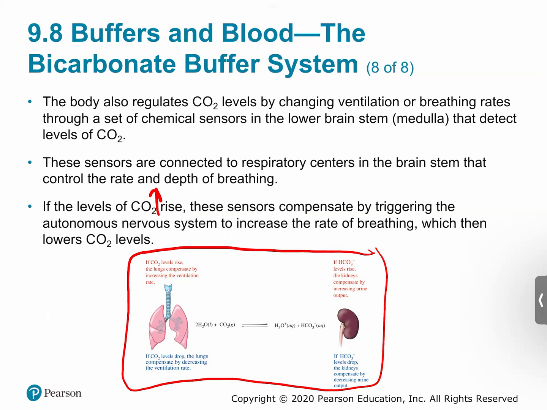So if you have the opposite response, where you have too much HCO3 and those levels rise, the kidneys compensate by increasing the urine output, and contrariwise, they can compensate by decreasing the urine output. So there's this axis that will maintain this equilibrium between the lungs and the kidneys here in your bicarbonate system. Okay.